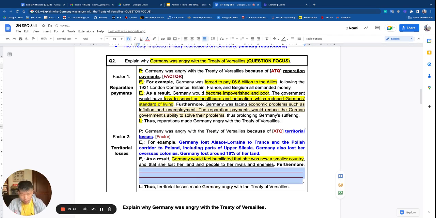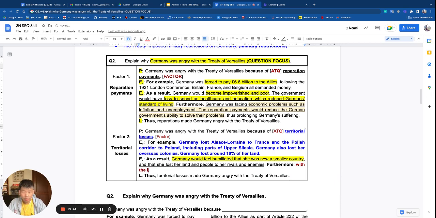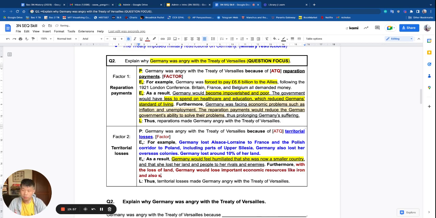Another explanation is, furthermore, with the loss of land, Germany would lose important economic resources like iron and also some industrial factories.